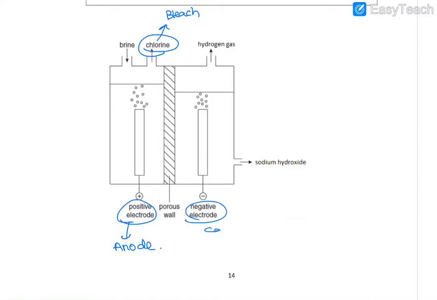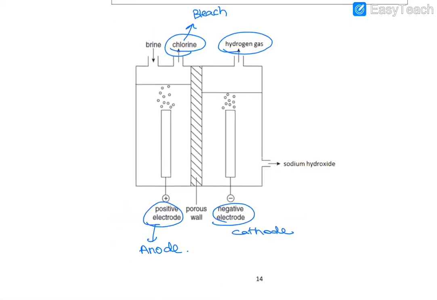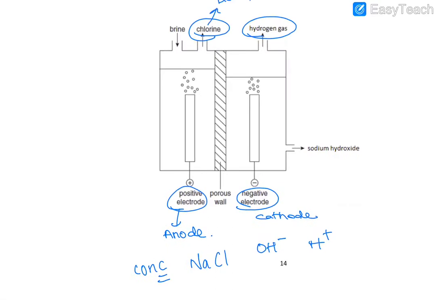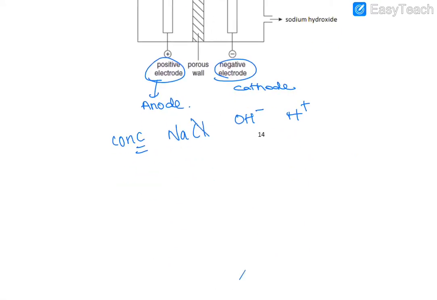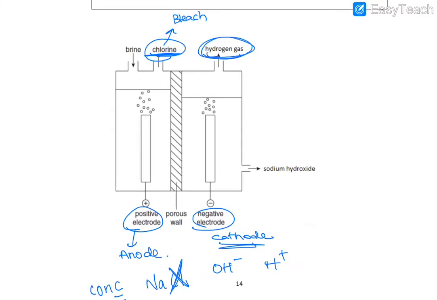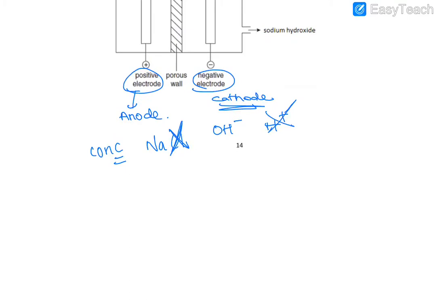And at the cathode you have hydrogen, which is used as a fuel and to make margarine. In the solution, we are using concentrated sodium chloride, which contains OH- and H+ as well. At the anode, chlorine is being produced, so Cl- is used up. And at the cathode, hydrogen is produced, so H+ is used up.